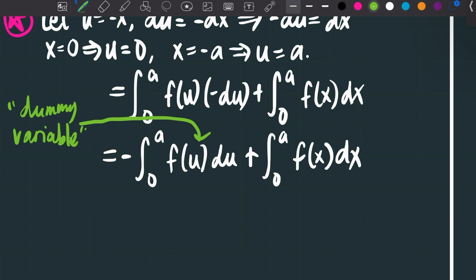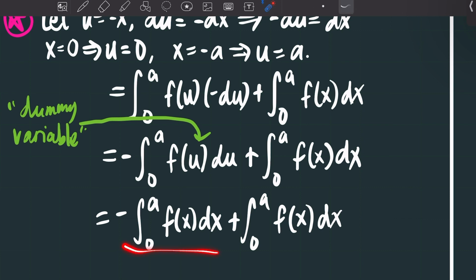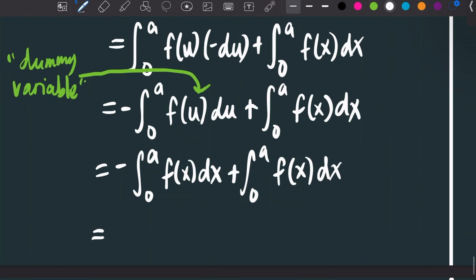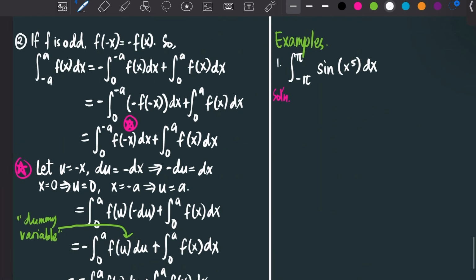And so, this one is just the same as negative integral from 0 to a of f of x dx plus integral from 0 to a of f of x dx. And negative of this one plus this one, that's just 0. So that proves our theorem here.